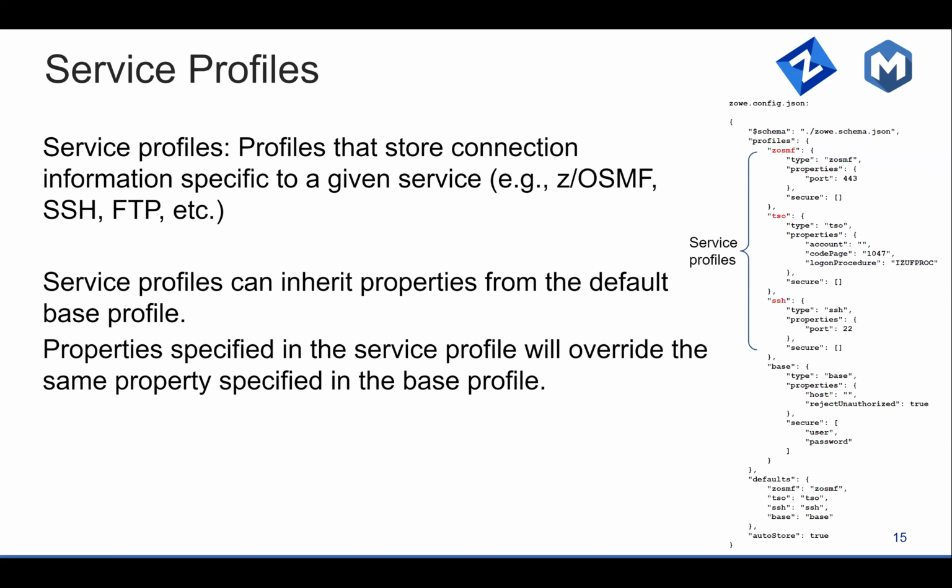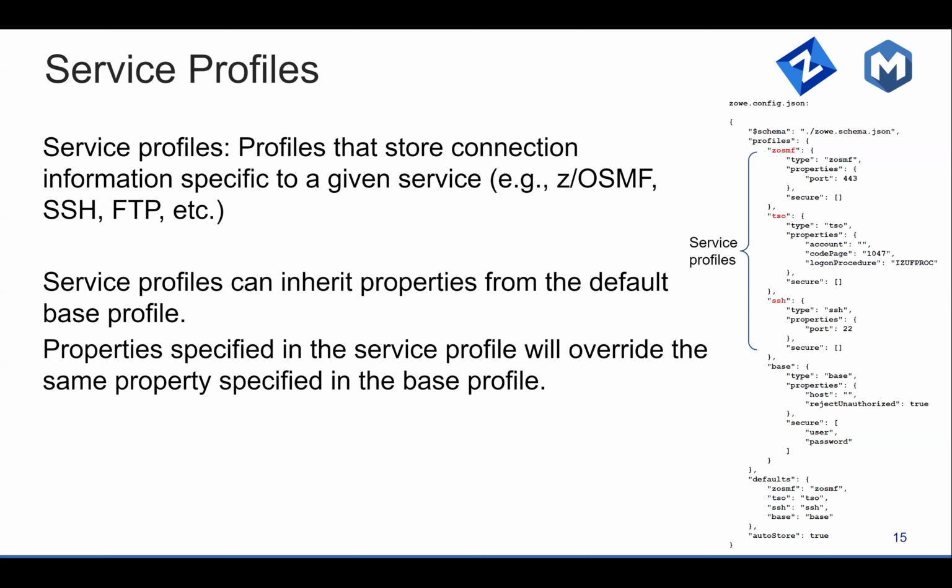But when I say that service profiles can inherit properties from the default base profile, I mean that properties specified in the base profile are propagated to the service profiles in the team config. So if you happen to have the same property specified in a service profile that is also specified in a base profile, the entry in the service profile will override the property from the base profile for that service connection.